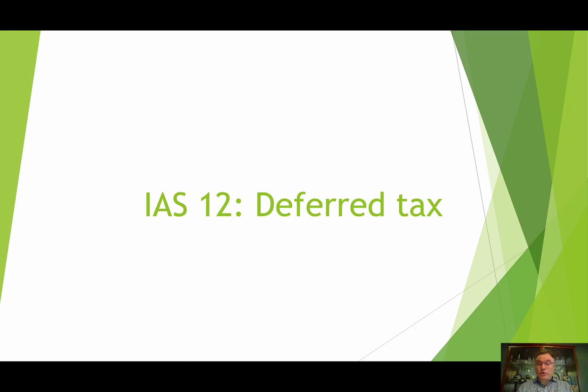Number two, we want to understand how deferred tax arises, using some short examples to demonstrate the point. Number three, we'll learn about the process by which deferred tax is computed, and we'll undertake some practical calculations of deferred tax. And finally, we'll learn the accounting disclosures and the presentation required in respect of deferred tax.